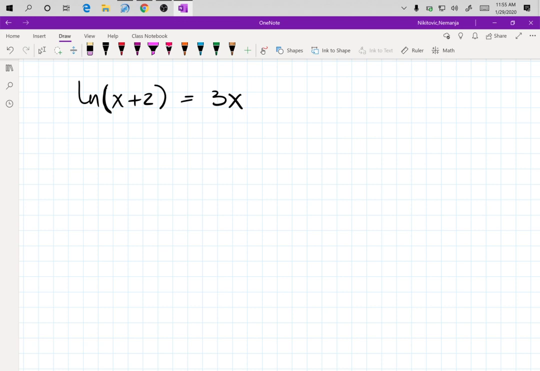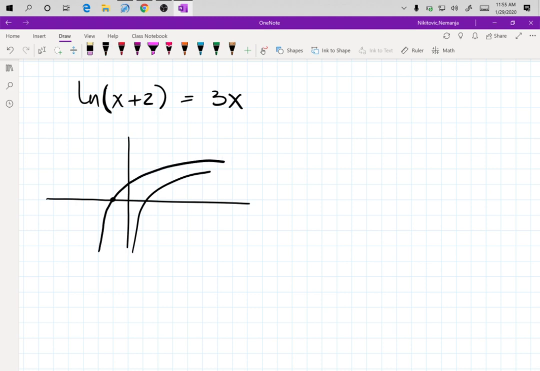So in our case, what is the +2 doing in this situation? It moves it 2 units to the left. Left is for the plus. So our good old ln, I'm going to erase this, the good old original ln that goes through 1 will actually go through -1.